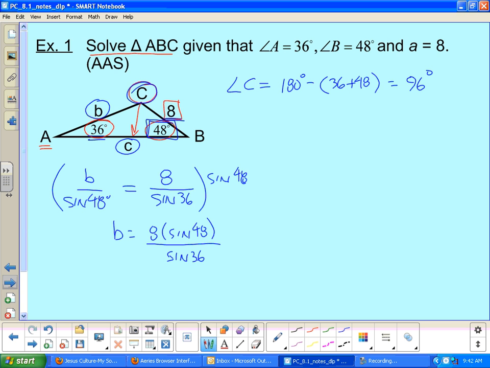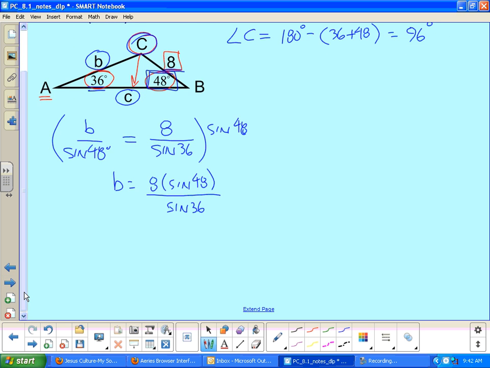So I want to make sure I'm in my right mode with my calculator. And I want to be careful how I put this in the calculator. So do not do this. Do not do sine 48 times 8. Because what your calculator is going to interpret that as is sine of the angle 48 times 8. And that's not what we're looking for.